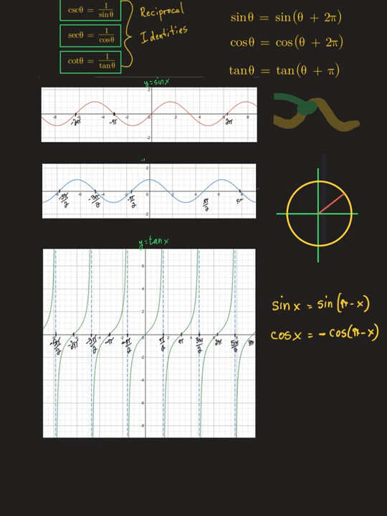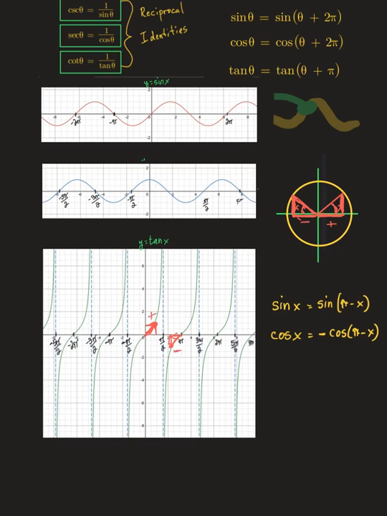If you have an angle here, let's call it x, and you have the same angle but at pi minus x, as you'll see, the delta y, the height, will be the same on both sides. The delta x will be the same distance, but this one will be positive on this side and negative on this side.